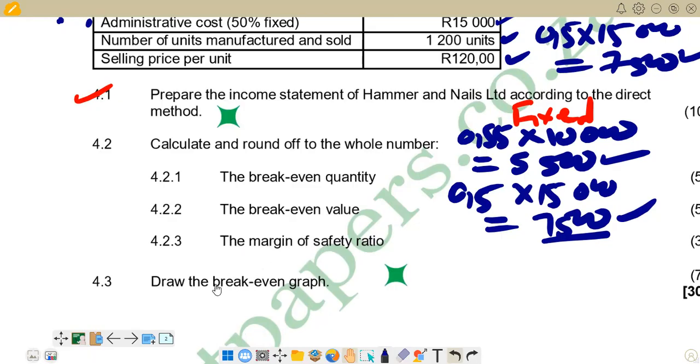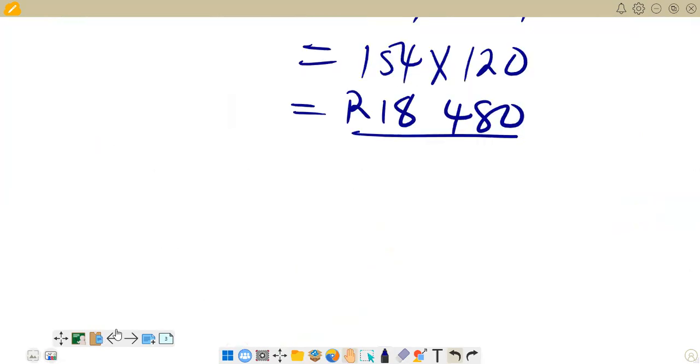So we can go back again and put the formula first. All right, here we are now on 4.2.3. So this one is the margin of safety ratio.